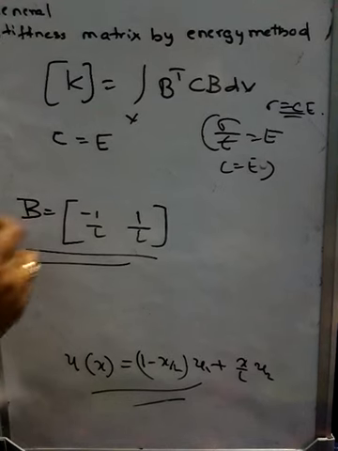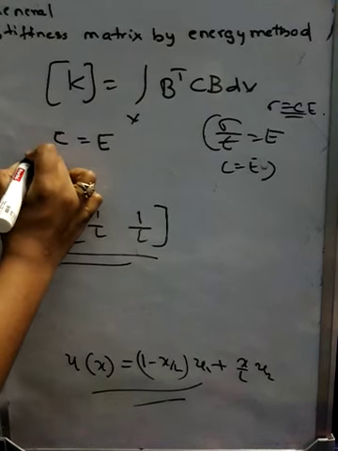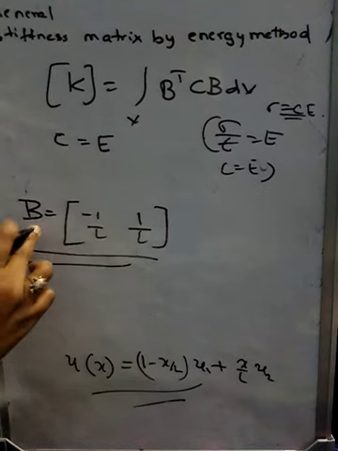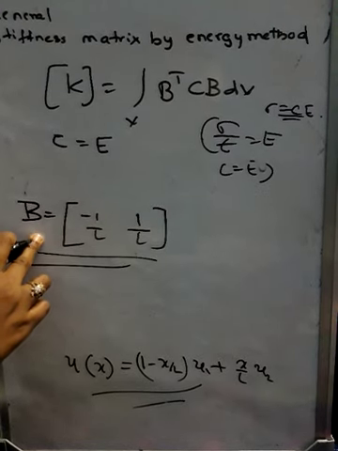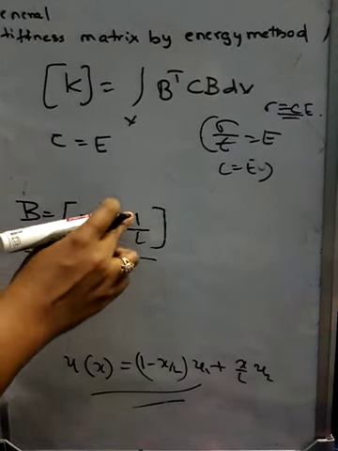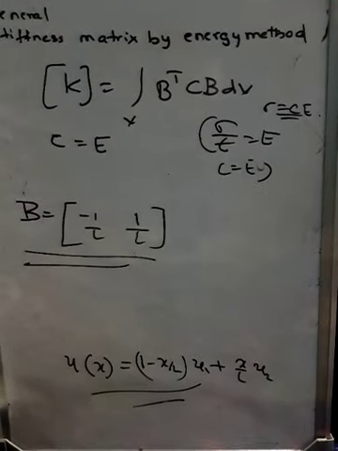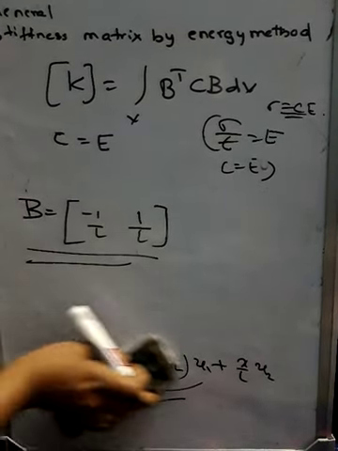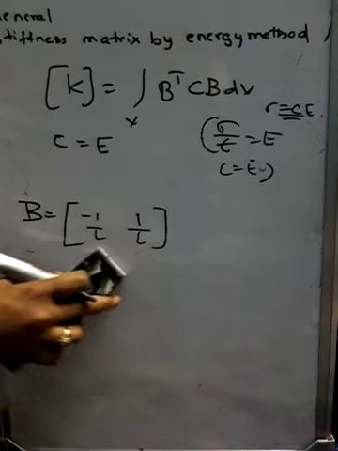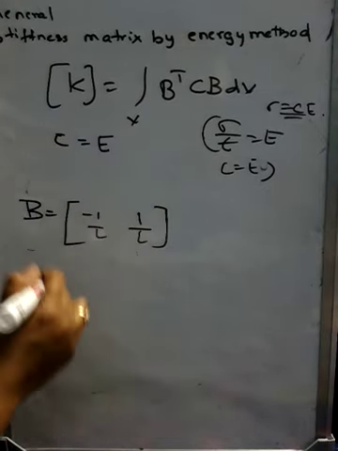Now, the next thing is the B matrix I have, that is B is equal to minus 1 by L and 1 by L. Now, before doing anything, we have to see this one. This is integration of V, no?